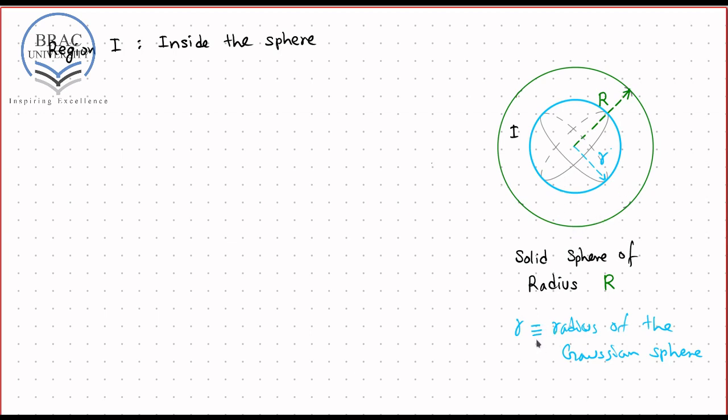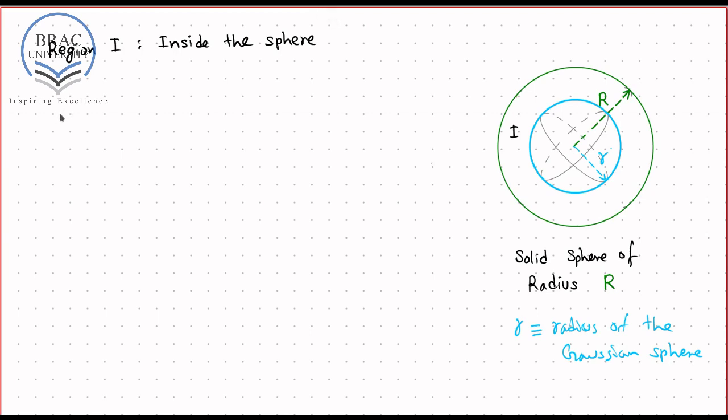This Gaussian sphere is a virtual thing to calculate the electric field at its surface, which is distance small r from the center of the sphere.